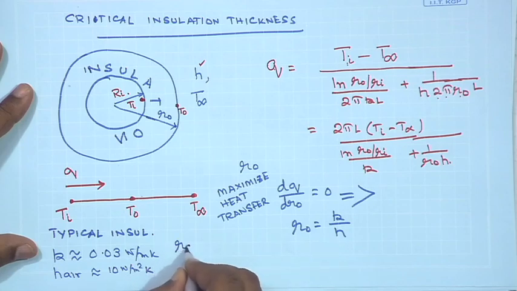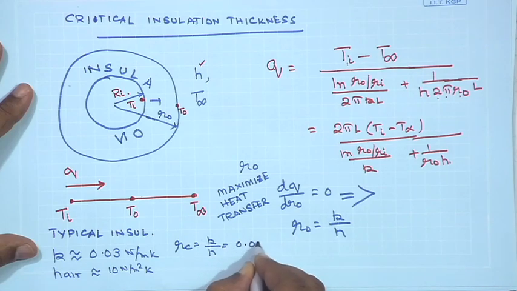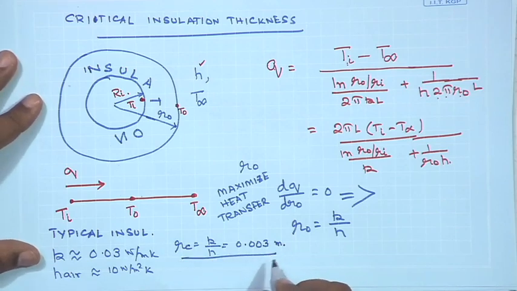So, your R_c would be equal to K by H, which is equal to 0.0033 meter. So, mostly what you would get is R_i is greater than R critical.